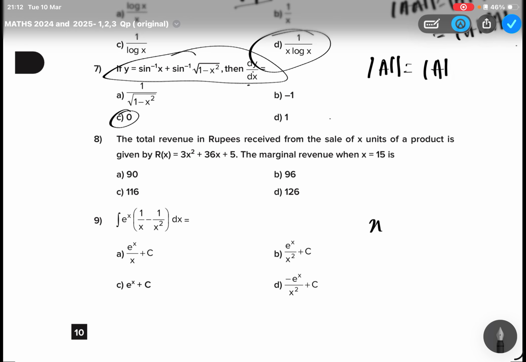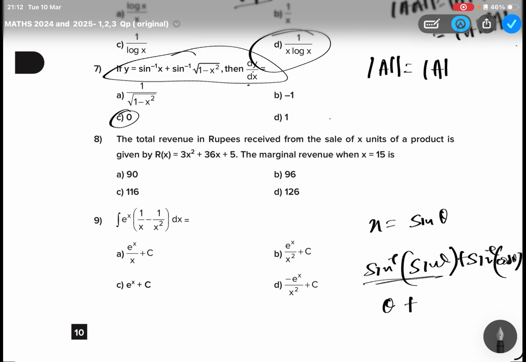We can substitute x equal to sin theta, then you will get sine inverse of sin theta plus sine inverse of root of 1 minus sin square, which is cos theta. Sine inverse of cos theta, sine inverse of sin theta is theta. After differentiation, sine inverse of cos theta gives minus 1, this gives 1, 1 minus 1 is 0. This is the shortcut method, otherwise you can use the double method.